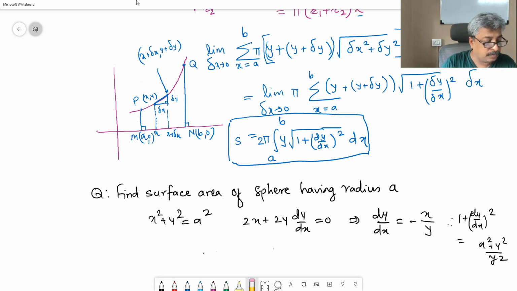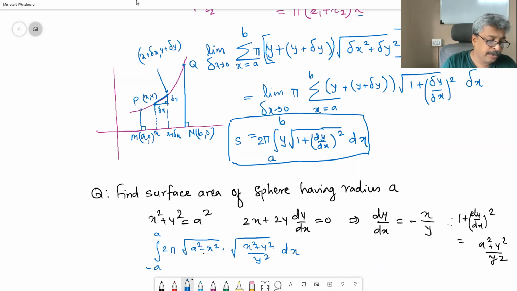Therefore, surface area is the integral of 2 pi radical a square minus x square into root of (x square plus y square) upon y square dx, from minus a to a.